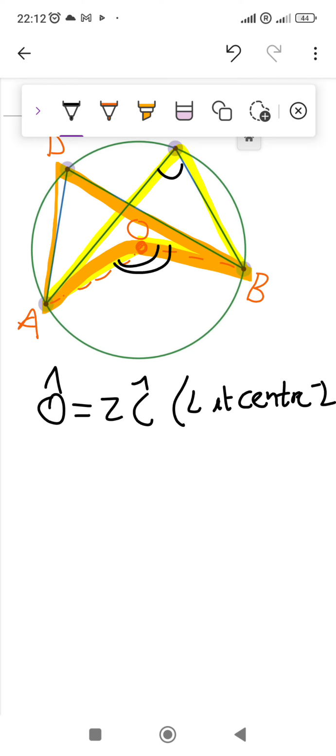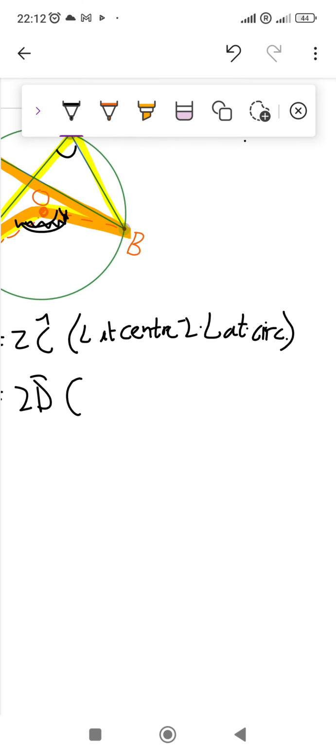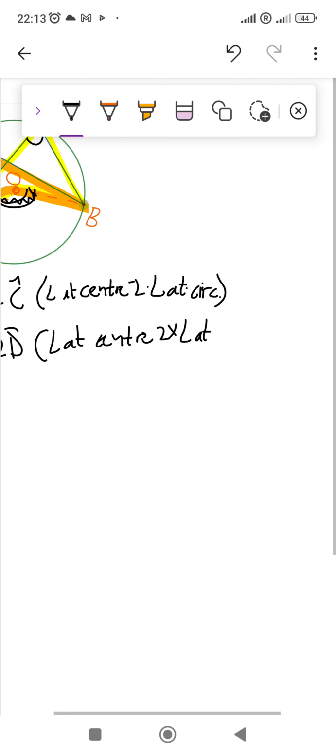The angle at the center, so it's again this O that we see over there, is equal to double angle D. Let's write that down. So angle O is equal to 2 times angle D. And again, the same reason, angle at center equals 2 times angle at circumference.